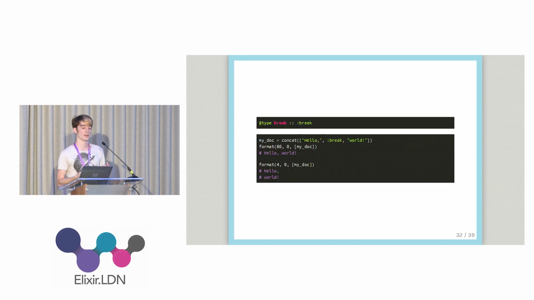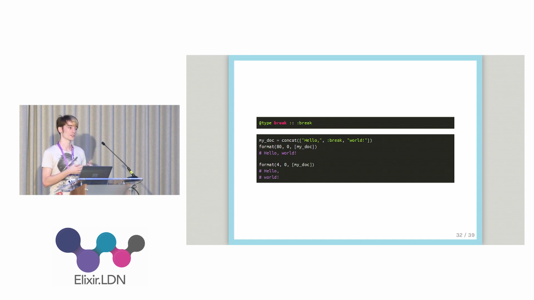So up until now, algebra still doesn't really give us too much over string concatenation until we introduce break. Break's interesting because it's a non-deterministic form. What break represents is either a space or a new line.